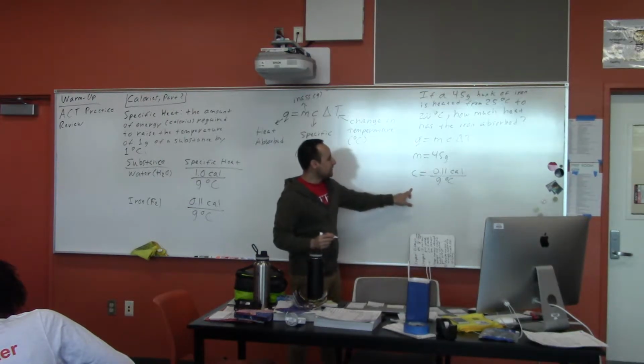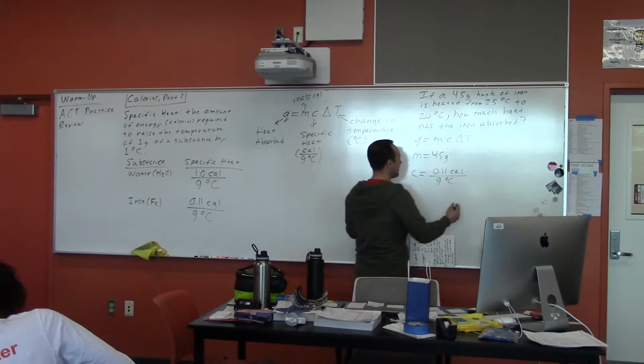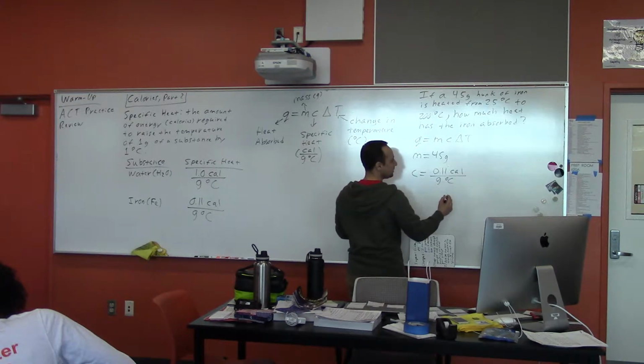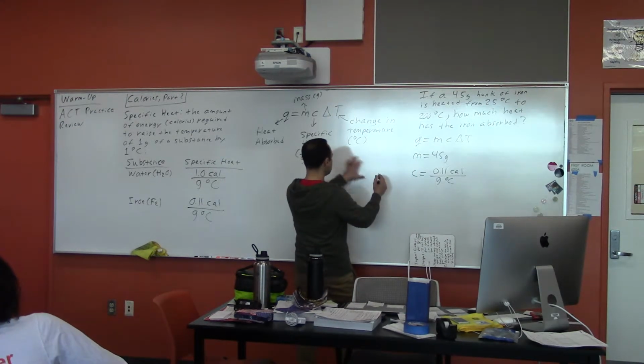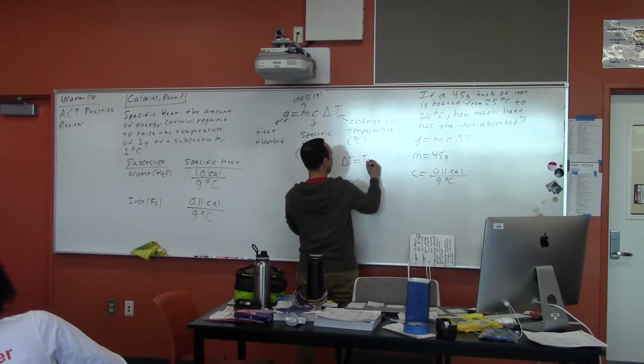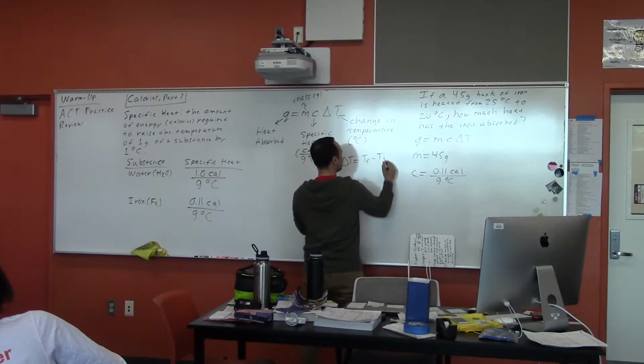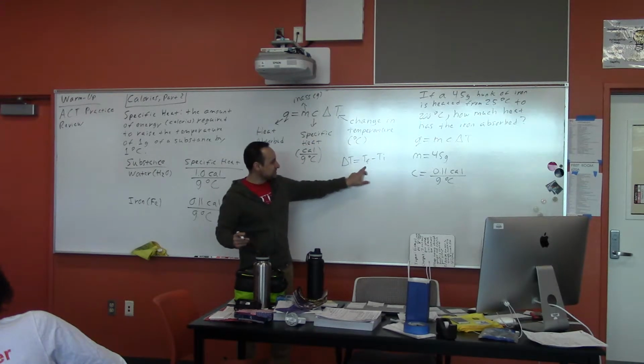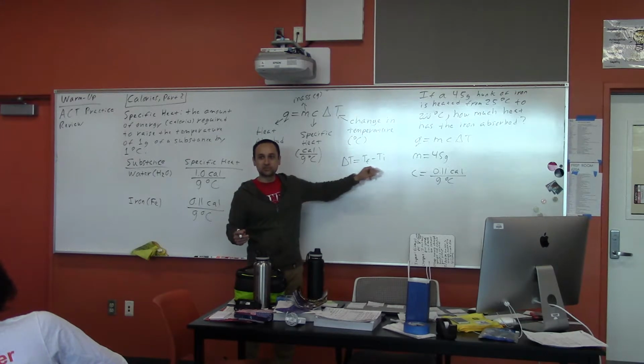Good. And then change in temperature. Let's define that right here. Delta T equals temperature final minus temperature initial. T subscript F means temperature final, T subscript I means temperature initial, not to be confused with titanium.